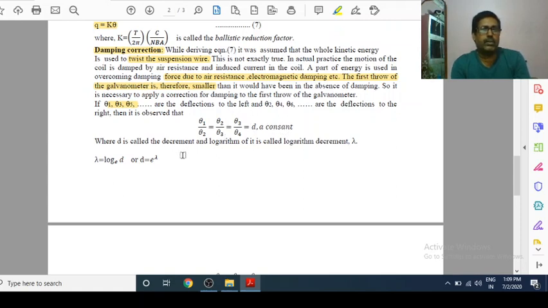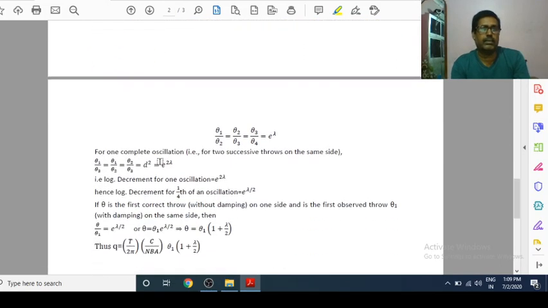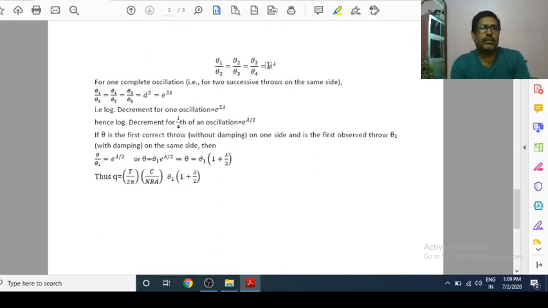D is a constant called the decrement, and if the logarithm is taken of it, it is called the logarithmic decrement, denoted by lambda. So lambda is equal to this, or D is equal to e to the power lambda. For one complete oscillation, meaning two successive throws on the same side, it is equal to 2 lambda.